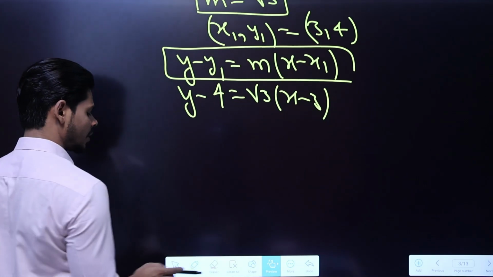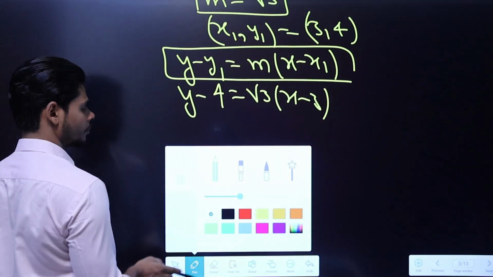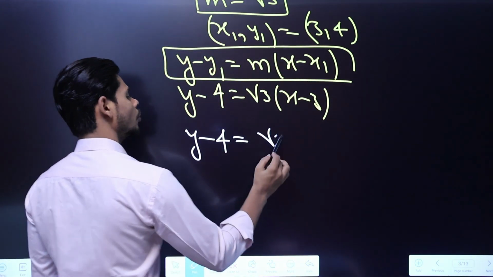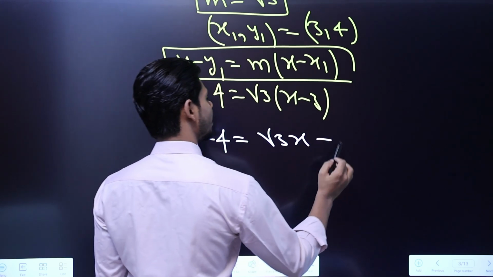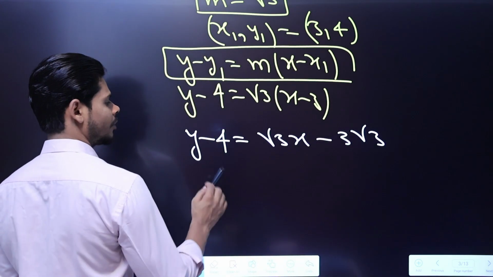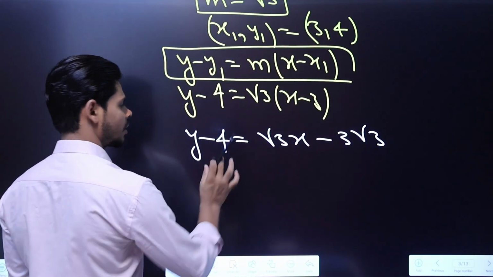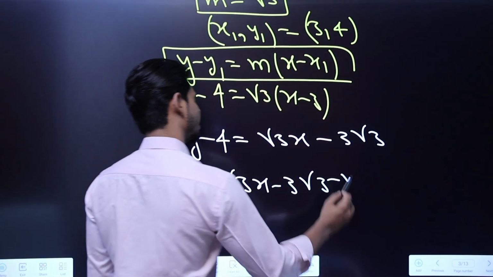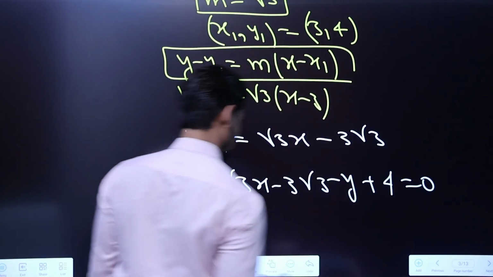Now we just need to convert it into its standard form. So it will become y minus 4 is equal to root 3 times x minus 3 root 3. Send this to the right hand side, so it becomes root 3x minus 3 root 3 minus y plus 4 equal to 0.